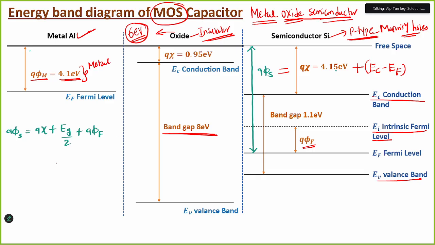Here, if you want to calculate the total distance q phi s, q phi s equals q chi plus Eg by 2, half of the total energy gap, plus q phi f.